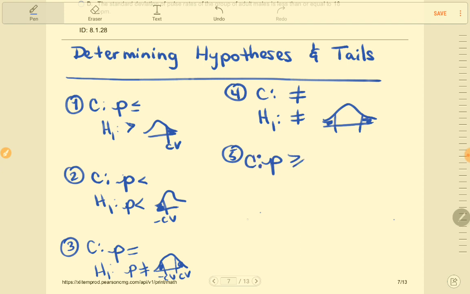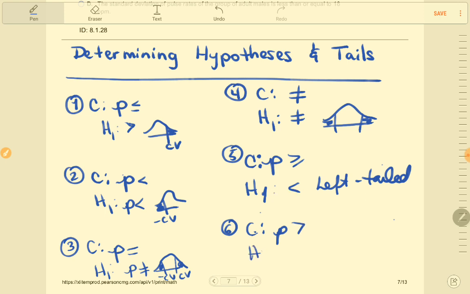If that was the claim, then the alternative would use the symbol less, and it would be a left-tailed test. Okay, got the hang of that. And what if the claim was P is strictly less, or strictly greater rather? Then the alternative would be, and it would be right-tailed.